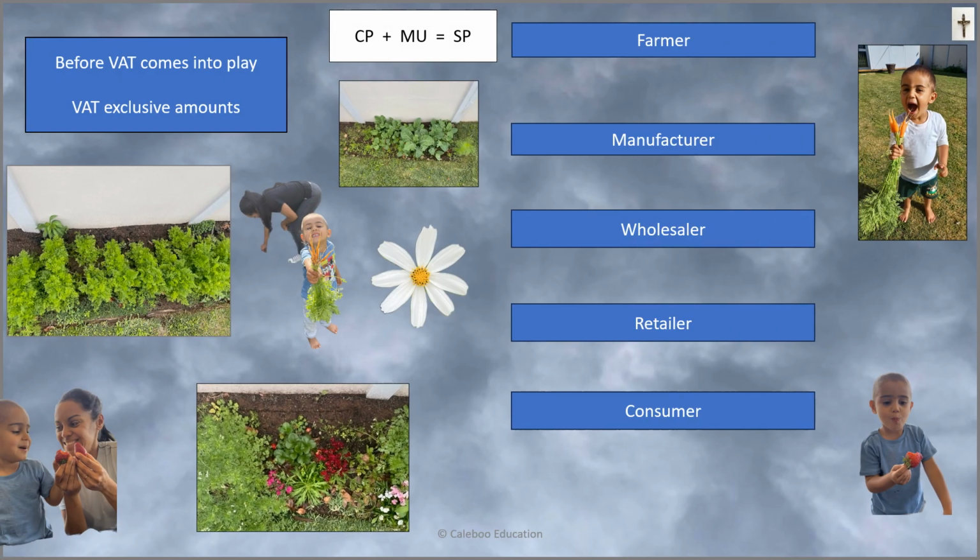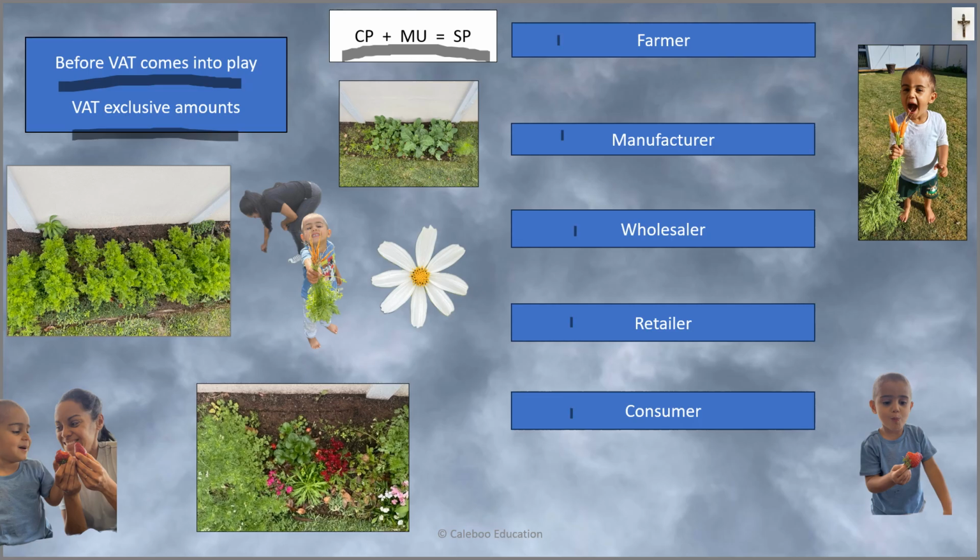Before I get on to calculations on VAT, I just want to show you this little equation. Cost price plus markup is equal to selling price. These amounts exclude VAT. So before VAT comes into play, I'm looking at the VAT exclusive amounts of different levels of production.